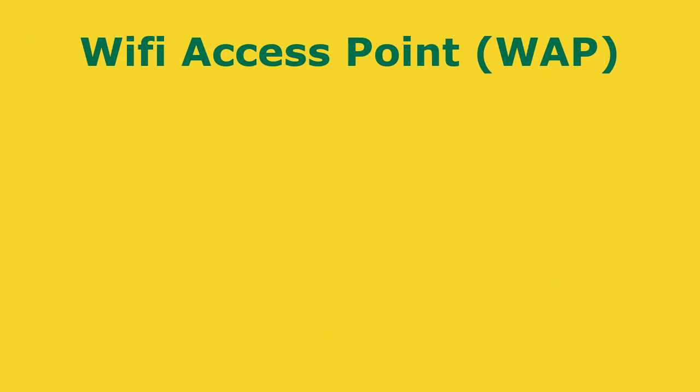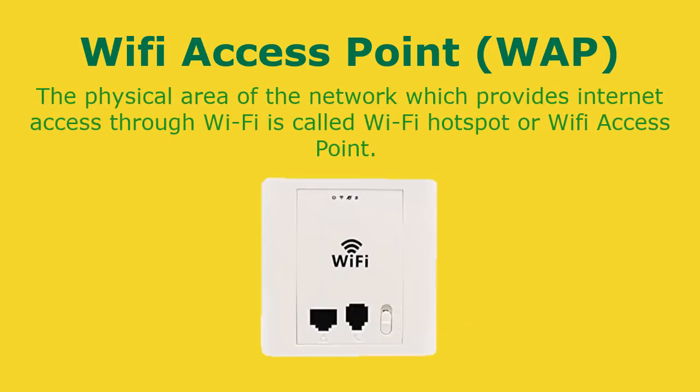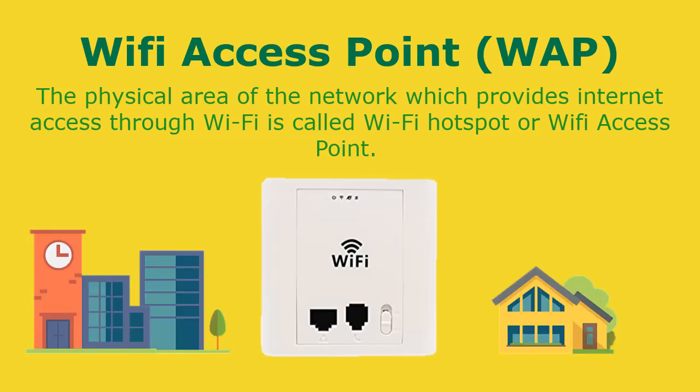We have Wi-Fi access points, which is the physical area of the network which provides internet access through Wi-Fi. It is also called a Wi-Fi hotspot. Hotspots can be set up at home, office, or any public space. Hotspots themselves are connected to the network through wires.